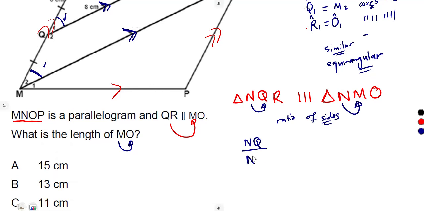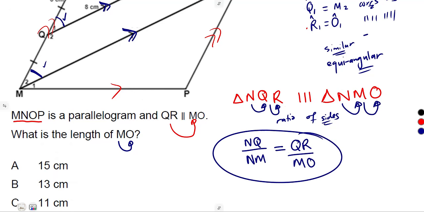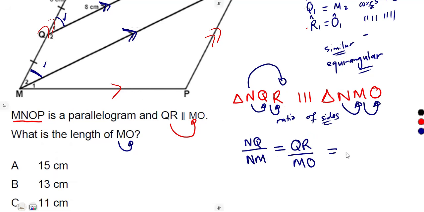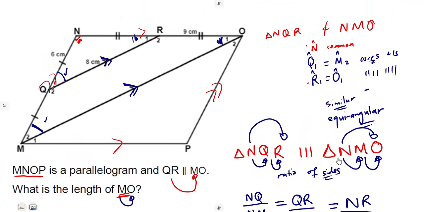Corresponding N to M must be equal to Q to R over the corresponding M to O. You can use this part if it is complete on the diagram, but if not, equate to the last one, because we also have N to R, which is the same as N to O. Ratio of sides. Where there is MO, the one you're supposed to calculate, it is here. So you're going to use this ratio with any that is complete. You're supposed to figure out which one is complete.